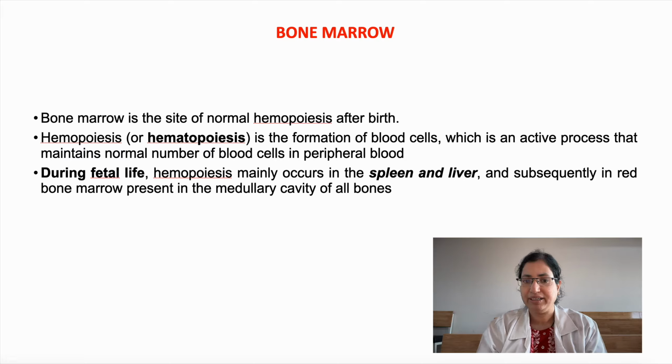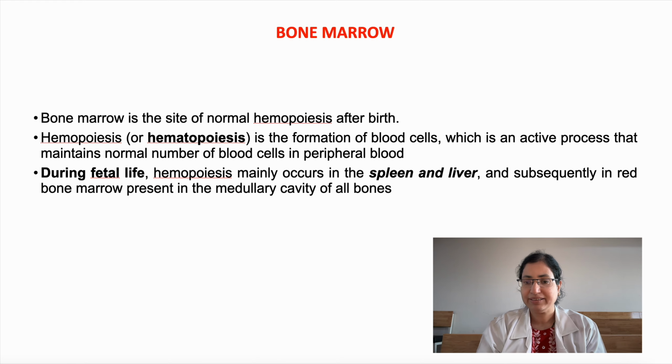Before birth or in infants, the site for hematopoiesis is the liver and spleen. So, when a woman is pregnant, the fetus is producing its own blood in the liver and spleen of the fetus.